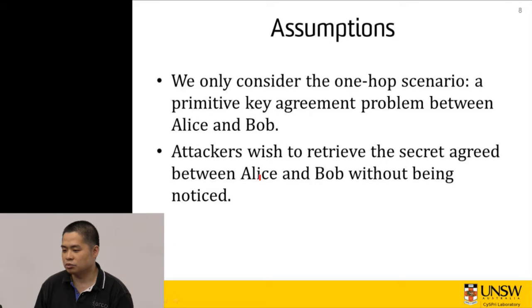The second assumption is that the attacker wishes to retrieve the secret agreed between Alex and Bob without being noticed. So in our work, we don't consider any other explicit active attack like jamming or denial of service, because those attacks would expose the attacker's existence.